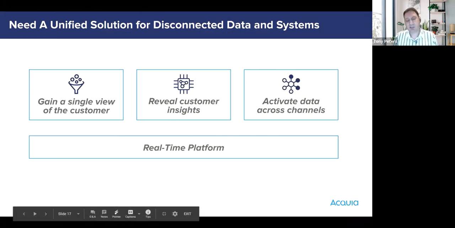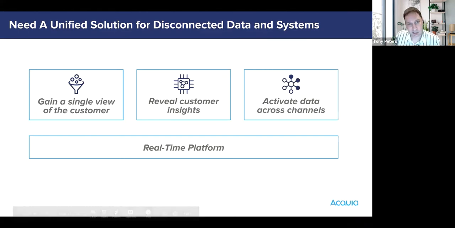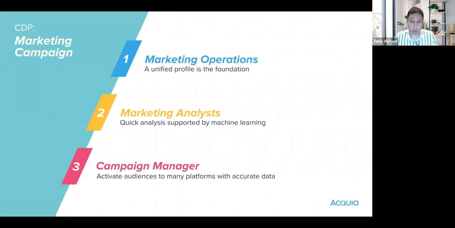So I'm going to show you a few bits and pieces of the platform now. It's not something I've done in this series yet, but I want to show you some of the context around the CDP and how it can help and how it fits in with these different areas of your business, especially in terms of marketing. The first one we have is the marketing operations team, the MOPS team.